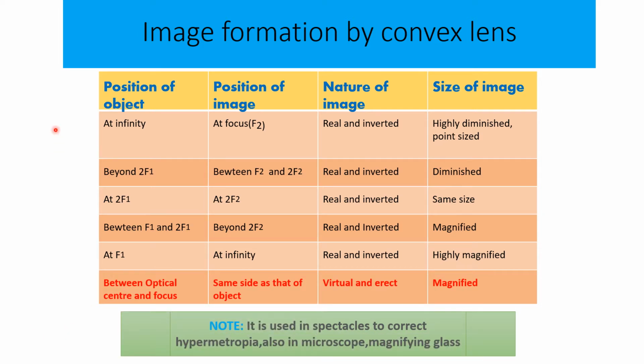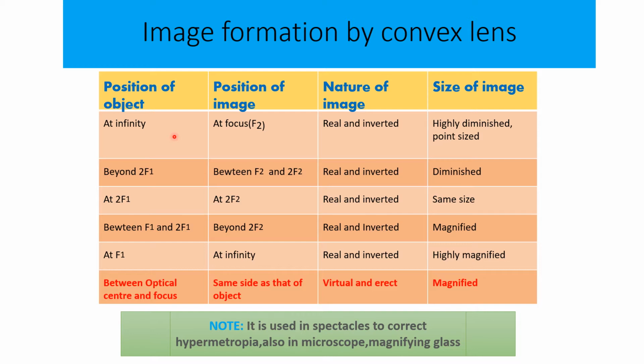Okay. Now, first the object was at infinity. When the object is at infinity, the image is going to be at focus. In whatever case, whether it be mirror, whether it be lens, whether it be converging, whether it be diverging, doesn't matter, whenever the object is at infinity, the image is going to be formed at focus only. Why have I written F2? Because a convex lens is formed by two spheres, so there are going to be two focuses and two centers of curvature.